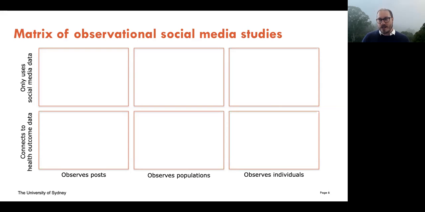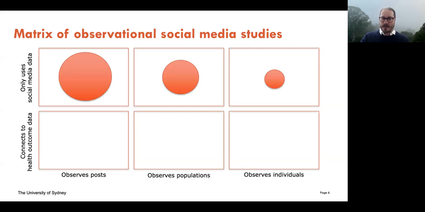So what I'm going to do now is start with what I think is the matrix of observational social media studies and how many studies exist in these different spaces. Here's what I think in terms of the volume or the number of studies where social media data, and in particular it's often Twitter data or Facebook data, is being used to try and understand the world.